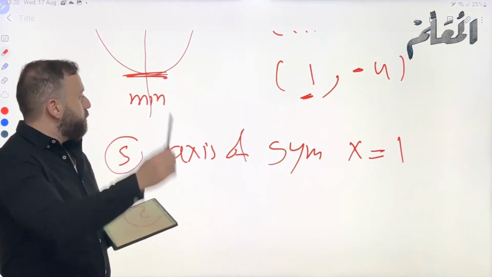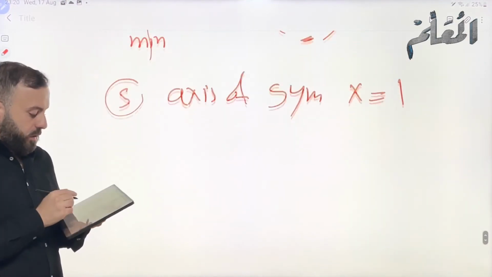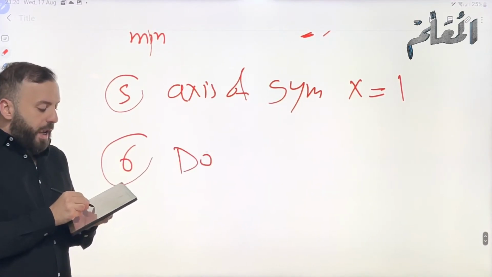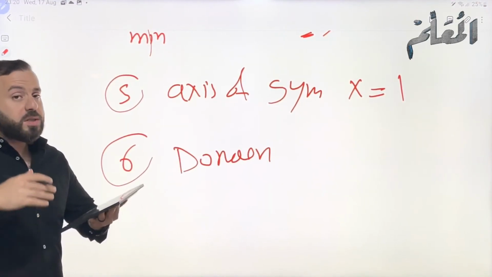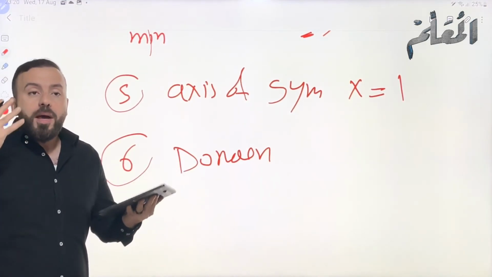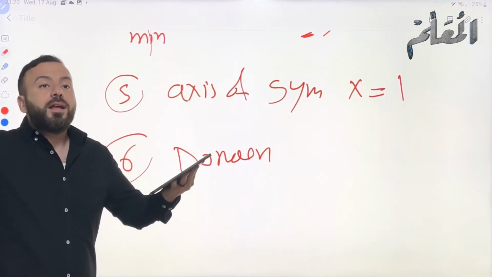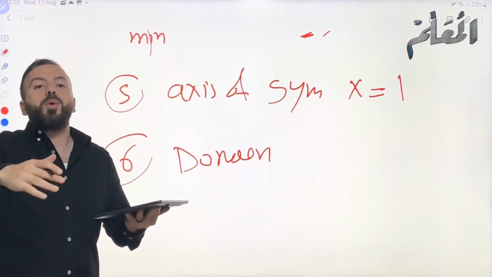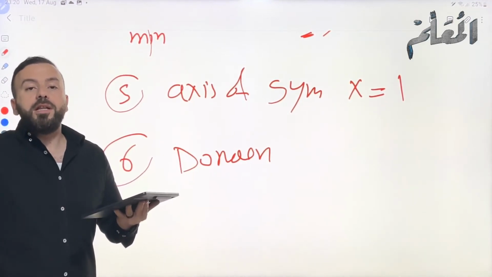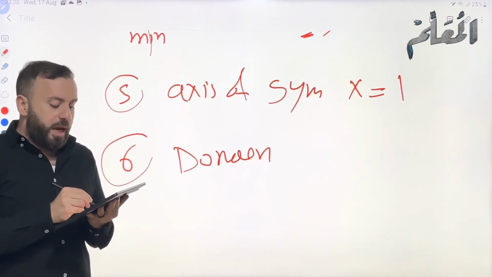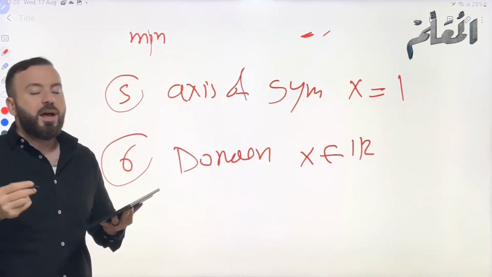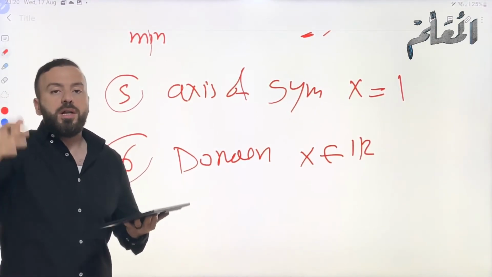Now what's next? I have 5 things now. Number 6, what's my domain in quadratic functions? Since it's a polynomial, I can insert any input from all real numbers. So x belongs to all real numbers.